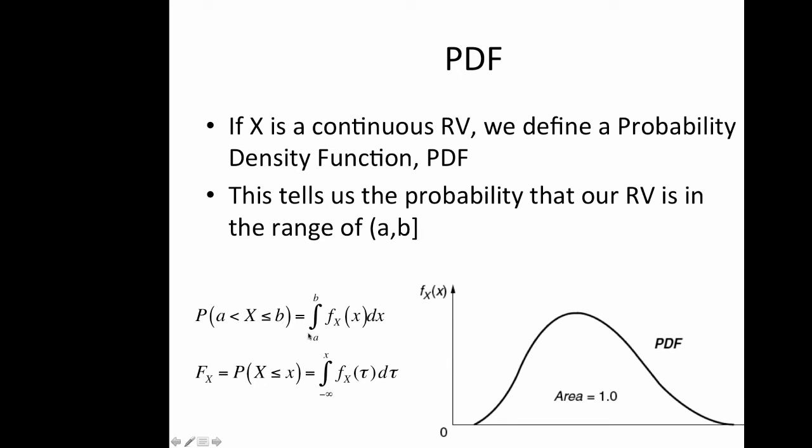This is going to be equal to the integral from a to b of this function f, scripted lowercase f sub x, where x is our random variable, of x, the values that it could take on, dx. This describes the function as a smooth, continuous function. The PDF describes the density of probabilities.